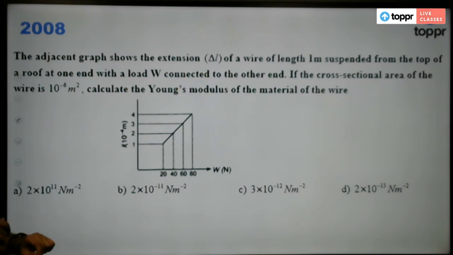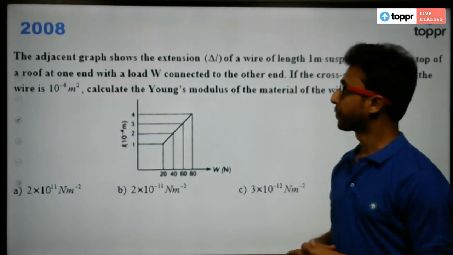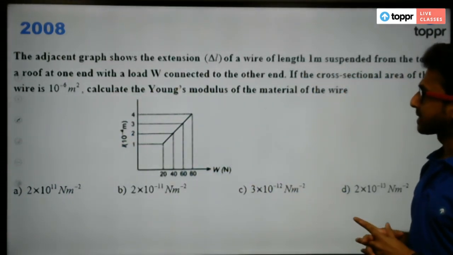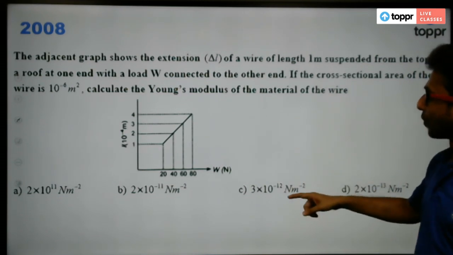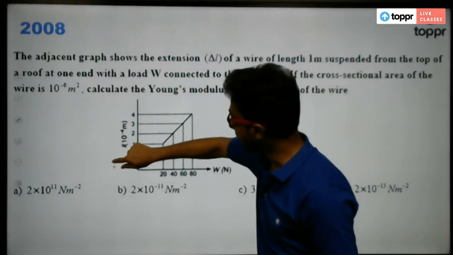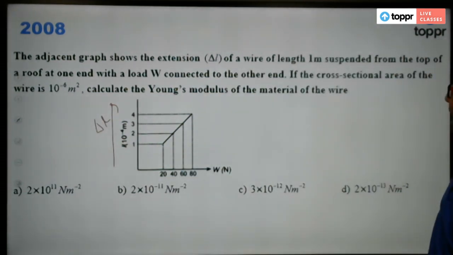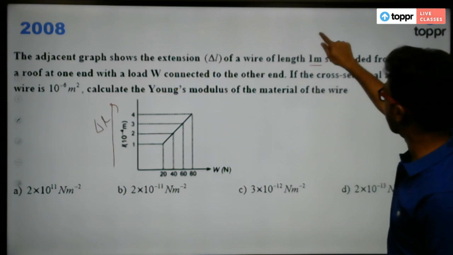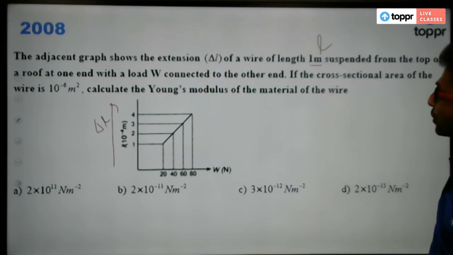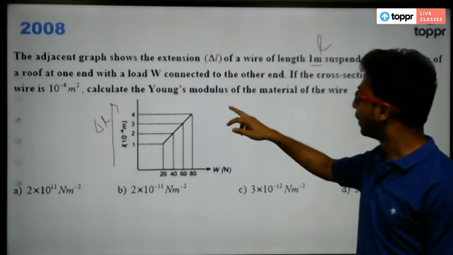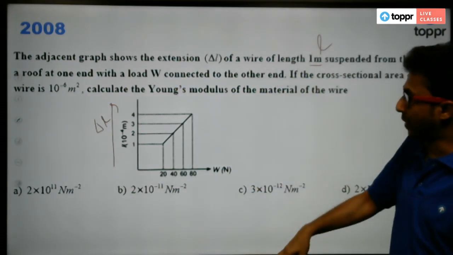Okay. Now a question from graphs. Let us read the question first. The adjacent graph shows the extension del L of a wire of length 1 meter, so this is L, suspended from the top of a roof at one end with a load W connected to the other end.